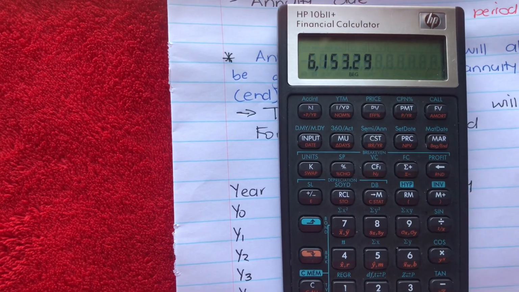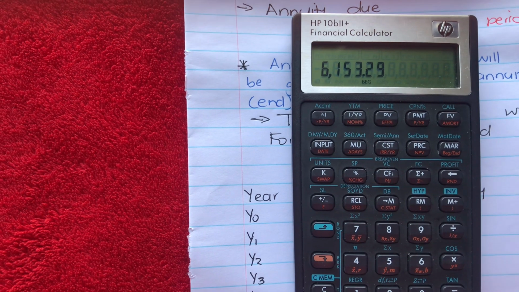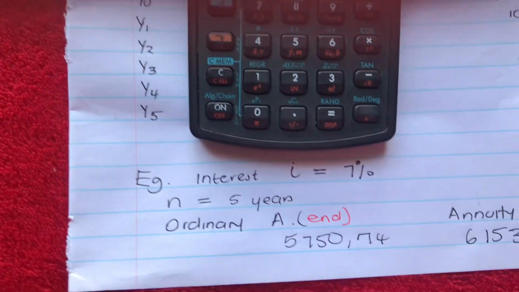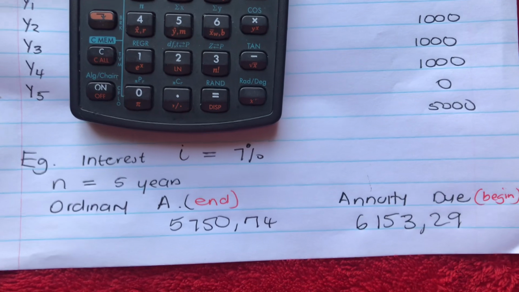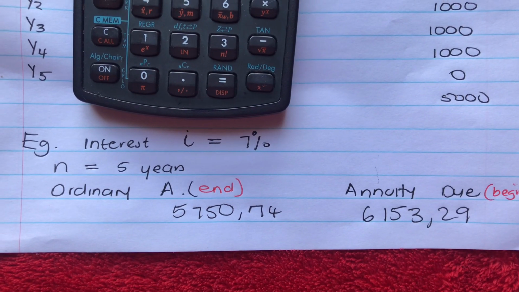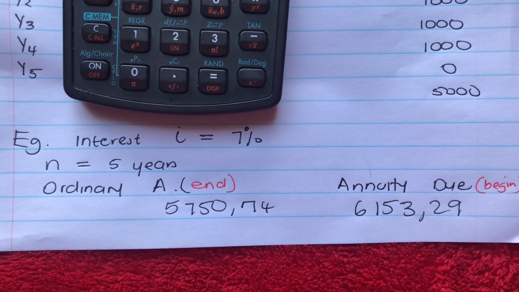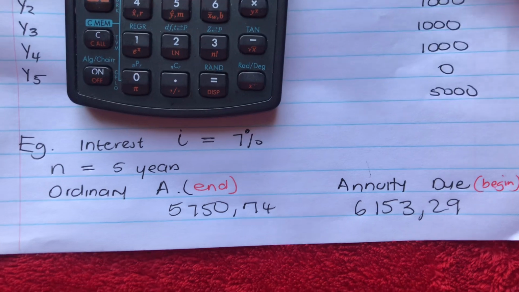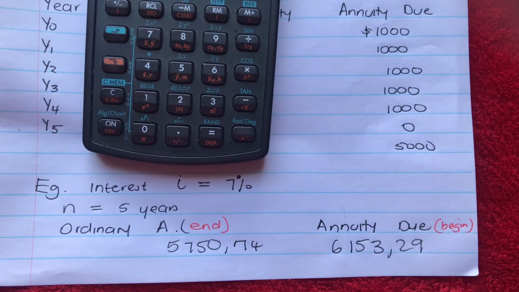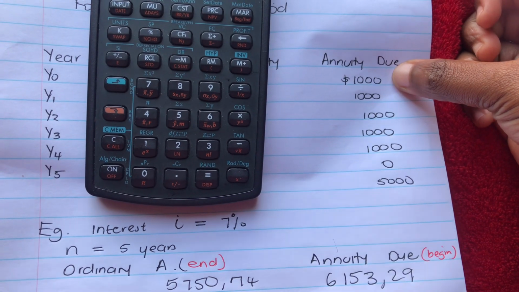Our annuity due is 6,153.29. So you see the difference between these two: the ordinary annuity is 5,750.74, but the annuity due is 6,153.29. If you remember what I said at the beginning, the $1,000 in the annuity due stays for the whole year, so it earns interest.